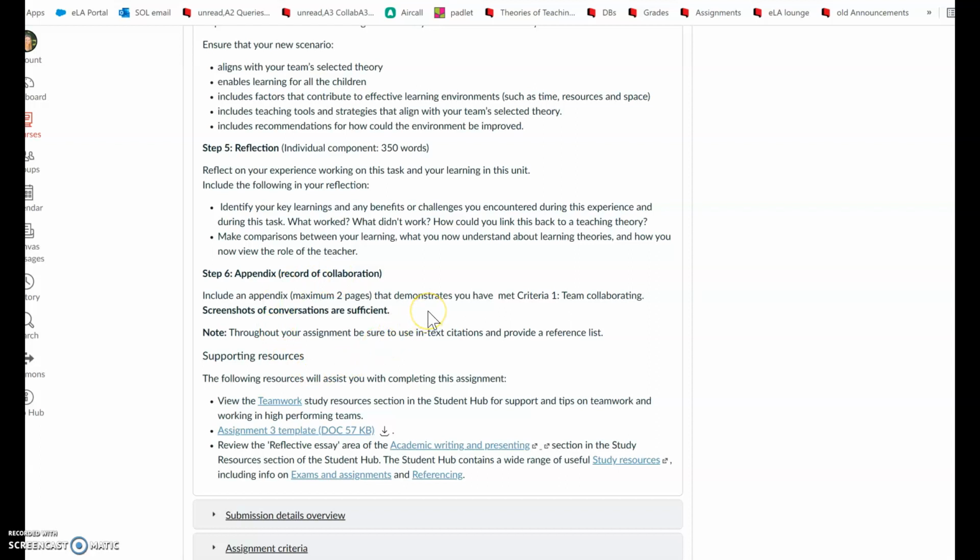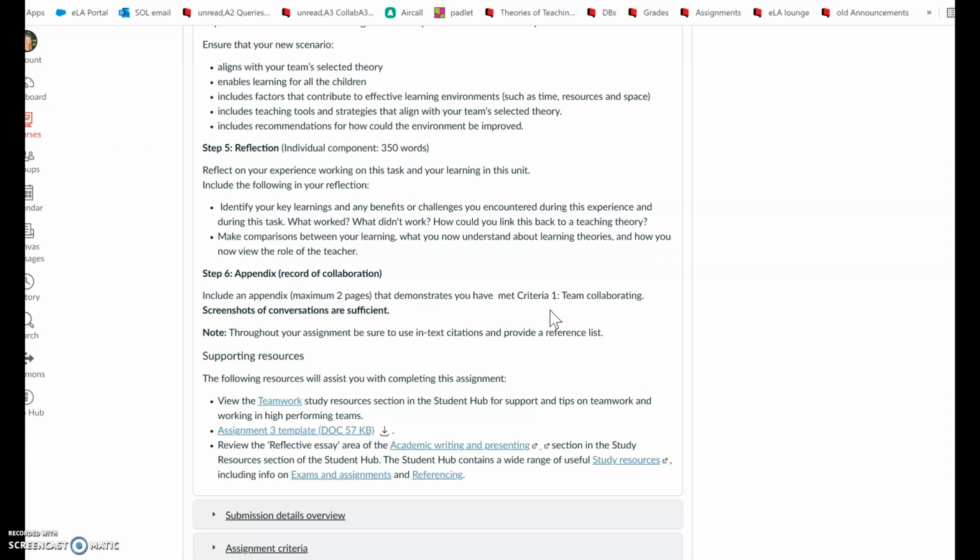We need to meet criteria 1, which requires team collaboration. I've got some examples of how you can demonstrate that to your ELA team. Even though you'll be using your team discussion board as a starting point, you might complete all of your discussions in there, or you might break off and use email, Skype, Collaborate, Facebook, WhatsApp or anything that works for you.